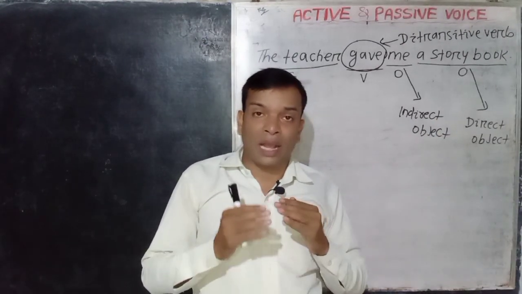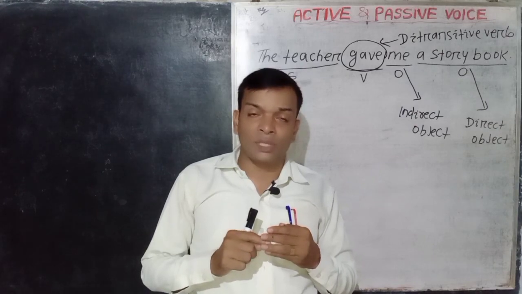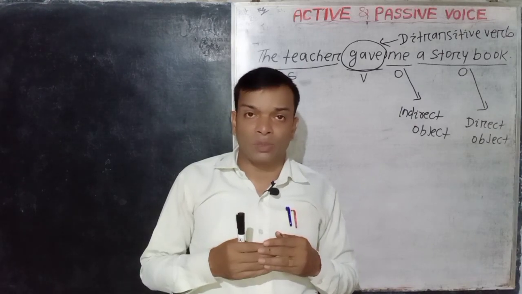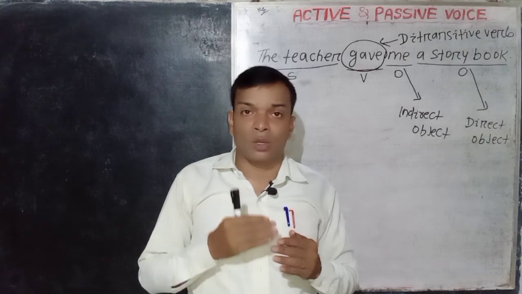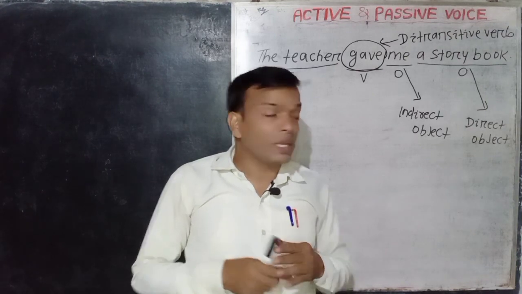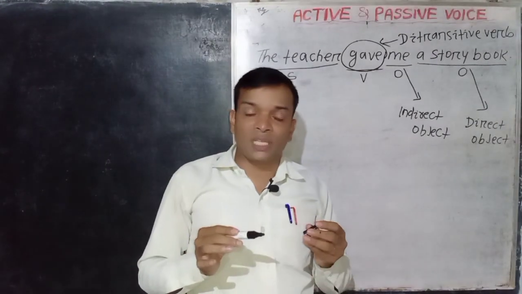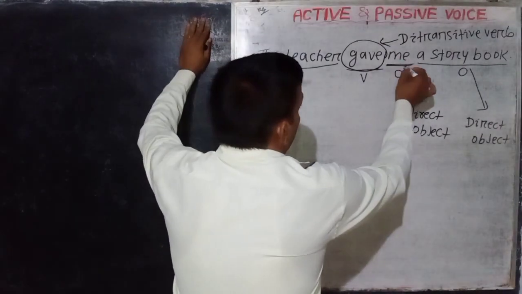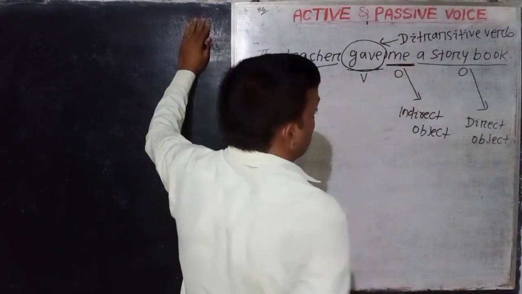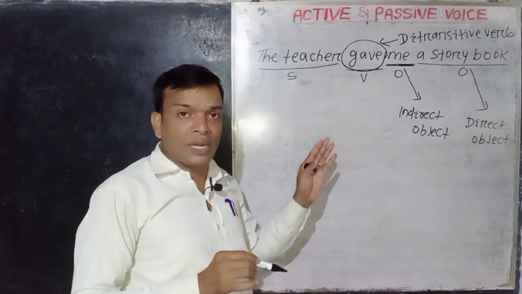According to its use, we first write the indirect object and then the direct object. That means the indirect object always comes before the direct object in a sentence. So here two passive forms are possible. Now I am going to write by using the first object, me, the indirect object.